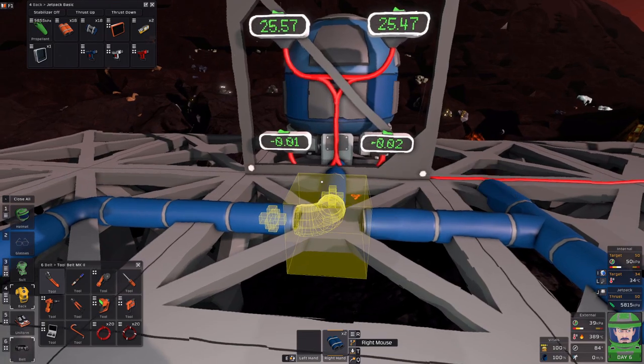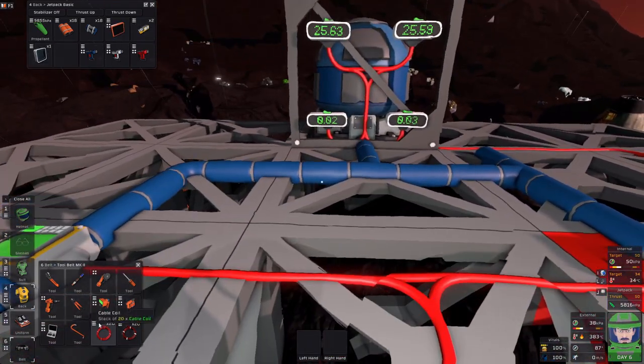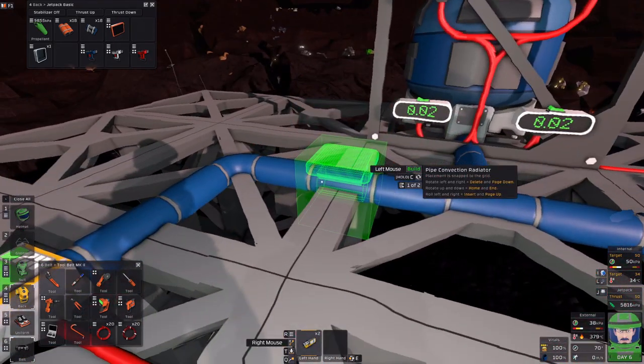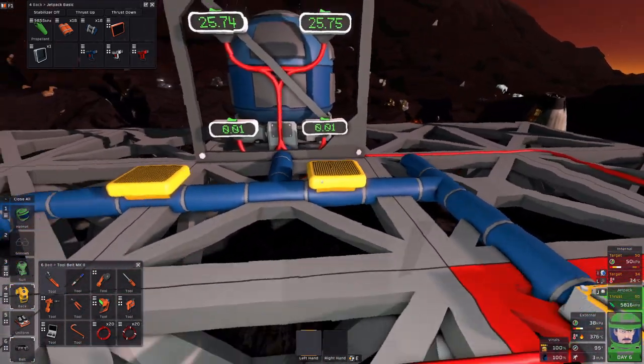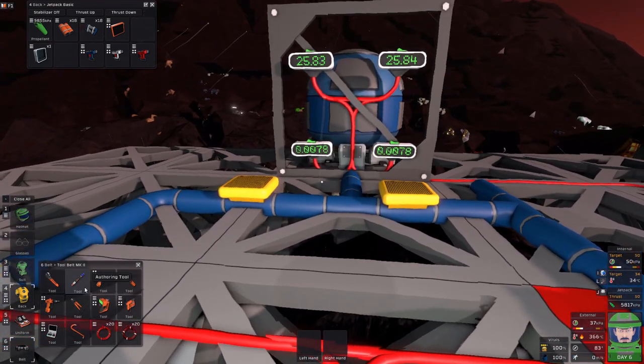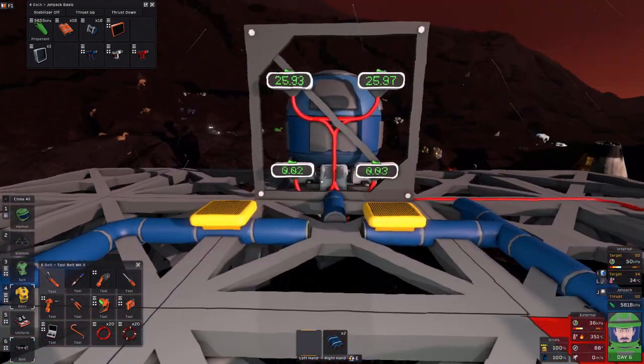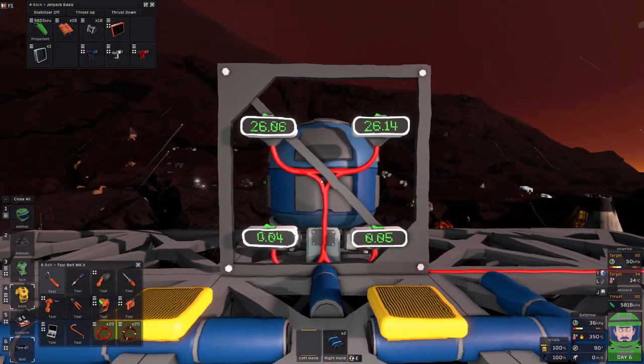However, one thing that I forgot is that if we add a load, so they each get a pipe radiator, and now remove them separately, we will see something different.